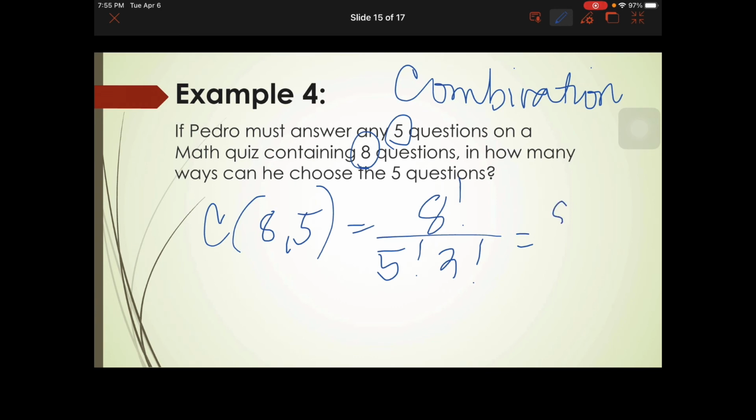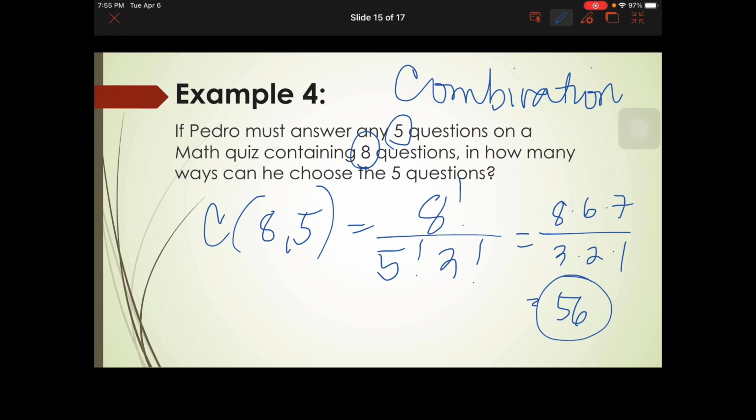So this is going to be 8 times 6 times 7, and then 3 factorial, 3 times 2 times 1. This is going to be 56. There are 56 ways on which he can choose the 5 questions.